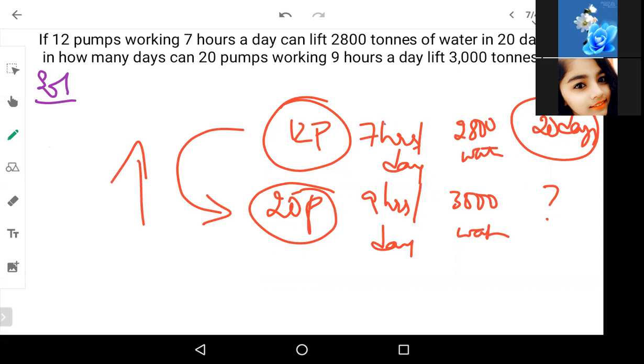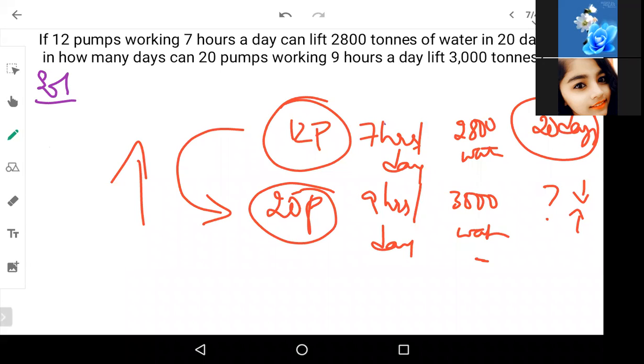Now if the number of pumps have increased, do you think the days will decrease or increase? Instead of using 12 pumps, now we are using 20 pumps in a day to take out the water. And we are getting more water also. So will the number of days increase or decrease?